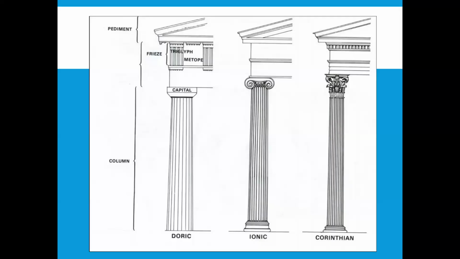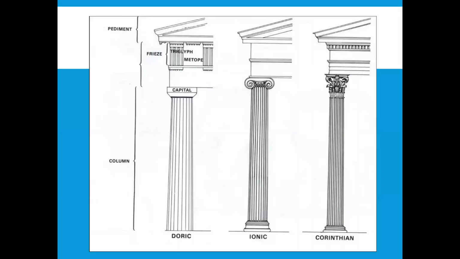Some things to note about the differences between the three capitals is that the frieze at the top of the Doric order has triglyphs and metopes. The triglyphs are marked by three lines, and that is just a pattern design.